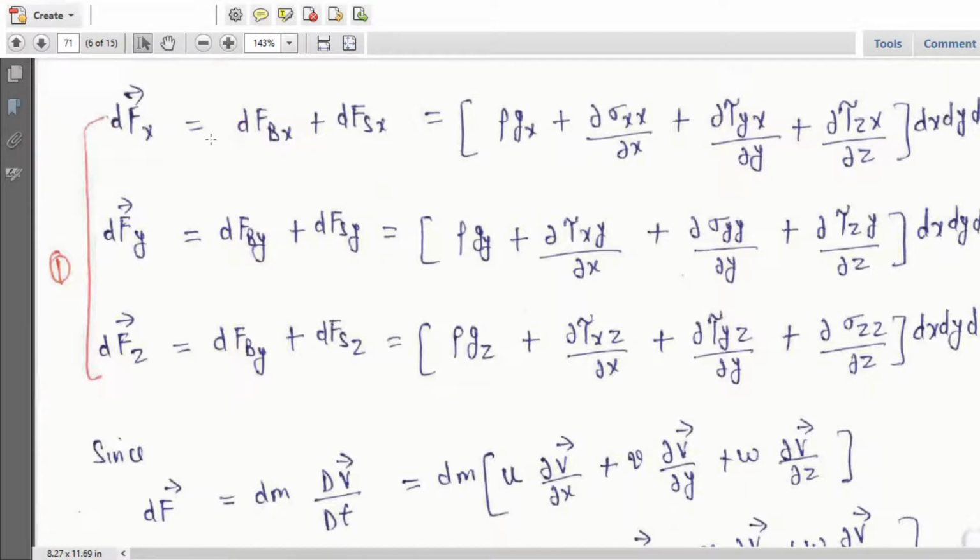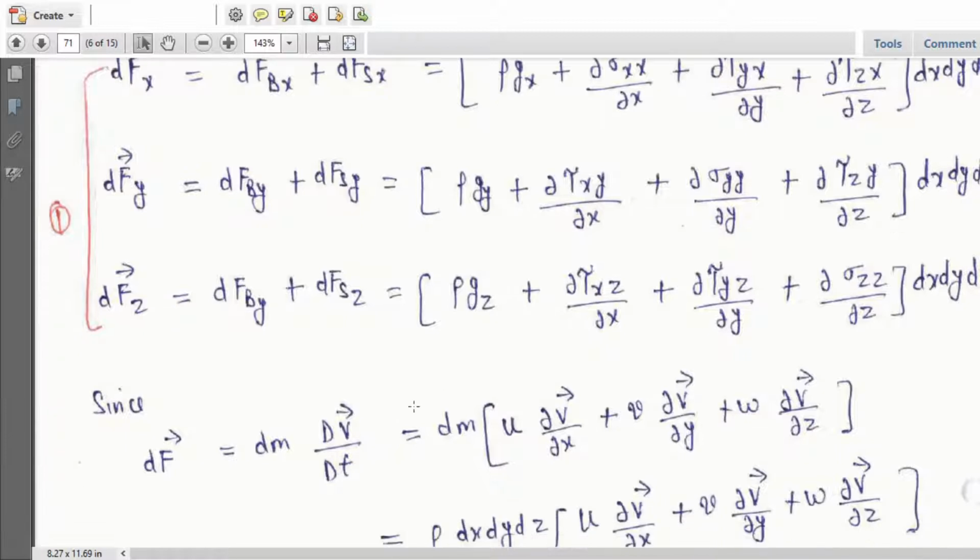So this is the differential force in the x direction, given by this equation. The differential force in the y direction will be given by the surface force plus body force. The z direction is again given by surface force and body force in the z direction. This is given by this one.